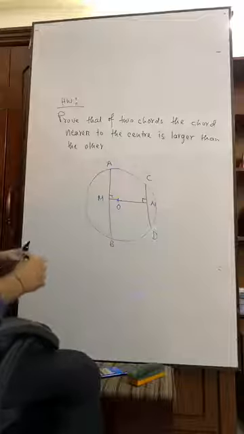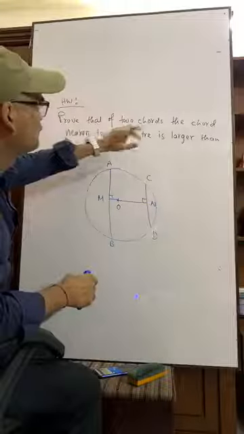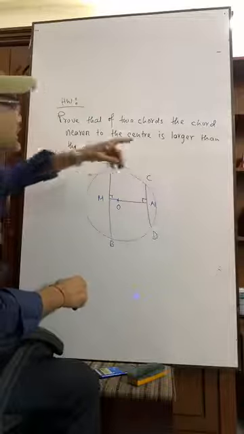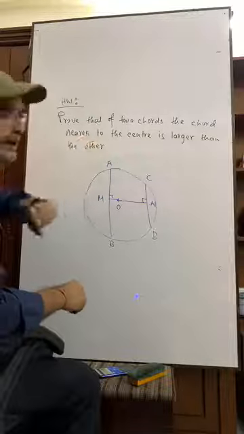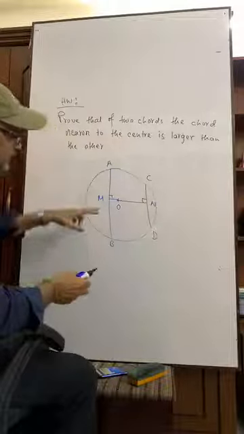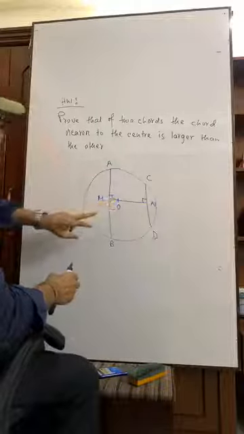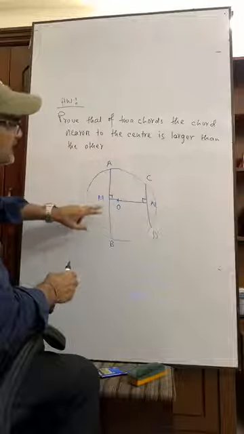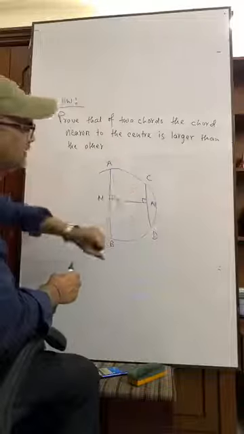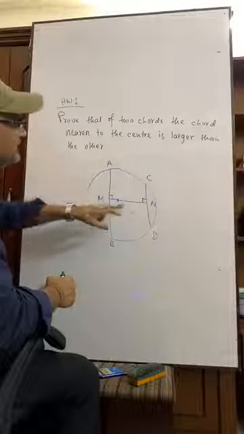What is given here? At first, try to understand the question. Of two chords, the chord nearer to the center. Which chord is nearer to the center? AB. So we have to prove that this AB is greater than CD.